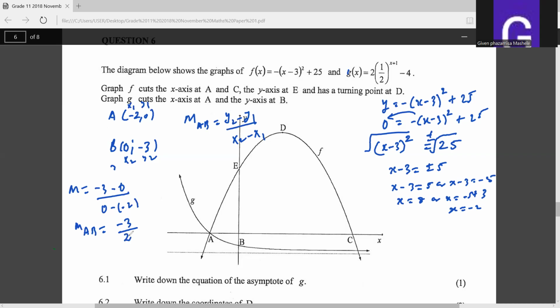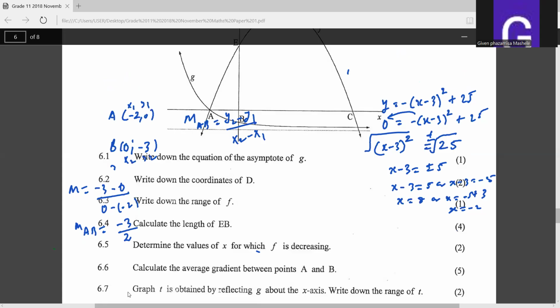So it means the gradient is negative 3 over 2. So you see that this line that I'm talking about is actually decreasing. That's why the gradient is negative. Okay? Then next question.